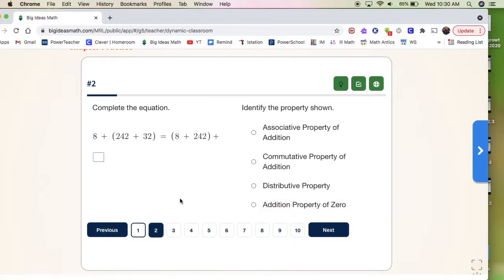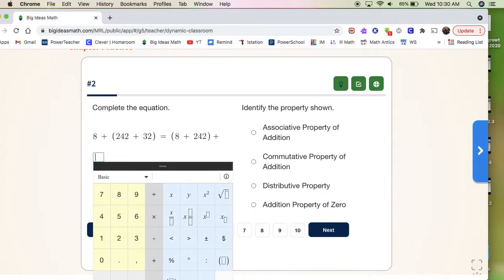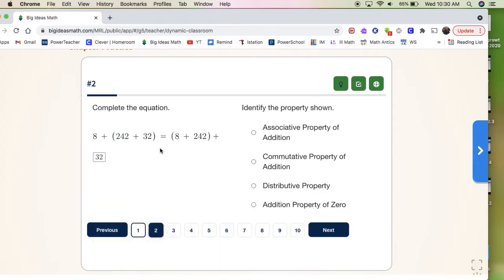All right, number 2. 8 plus, and notice we have parentheses, 242 plus 32 is equal to 8 plus, parentheses, 8 plus 242 plus, and since we have the same numbers in the same order, we're going to keep the last 2 numbers. What changed?